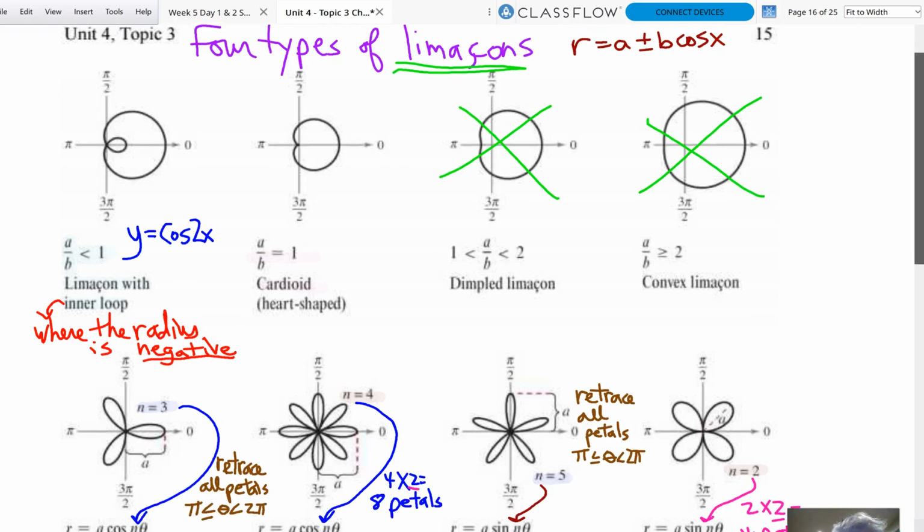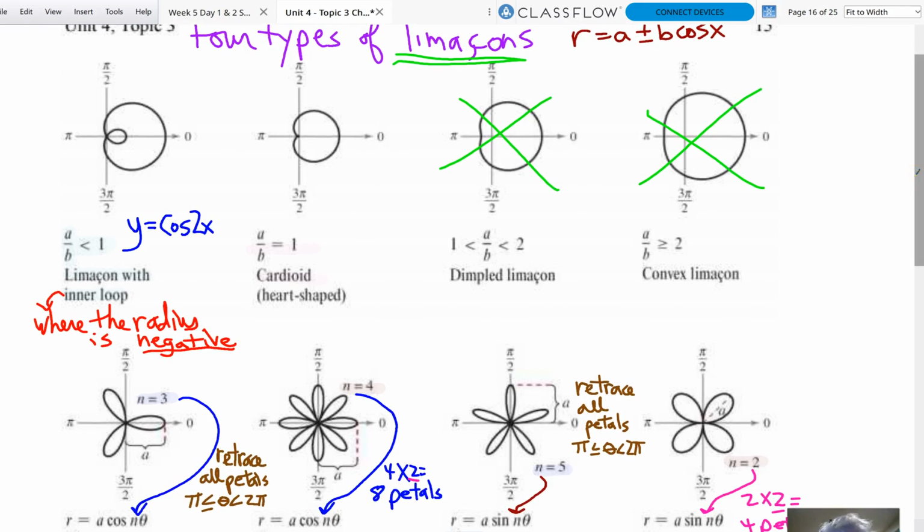Now, this inner loop is very important, just like it was when we did it in GeoGebra. This inner loop for this limacon is determined where the radius is negative.